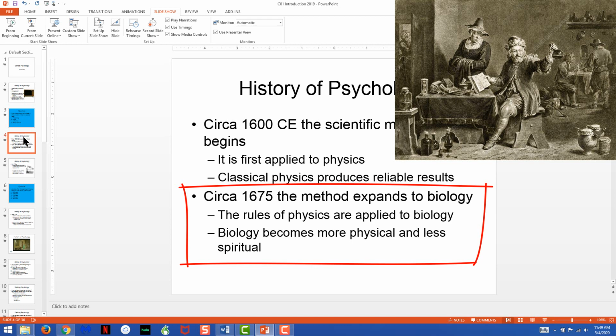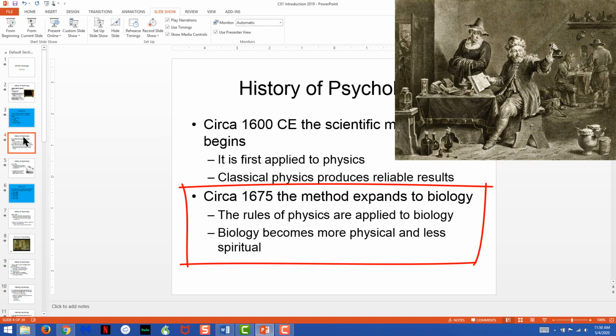But this is about the beginning of the point at which a consistent scientific method starts to be applied to the physical world and to the physical aspects of biology, so that you could understand medicine better to improve a person's ability to survive a disease or to fix a broken bone or any number of different medical issues. So it's the development of the physical database that really starts being applied toward biology.